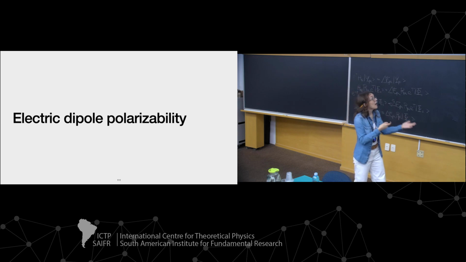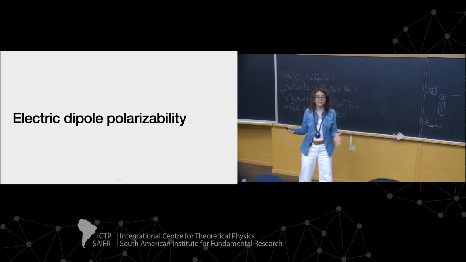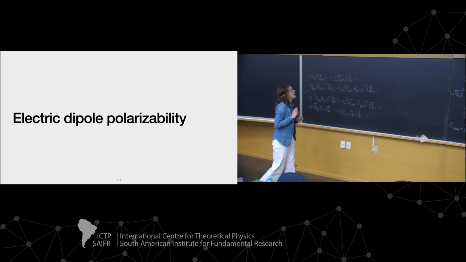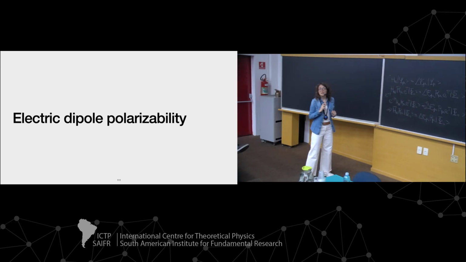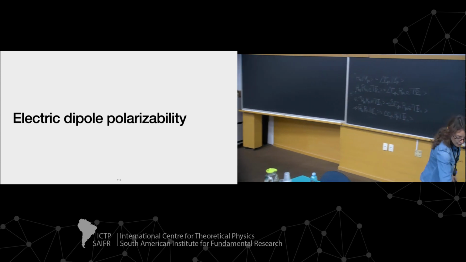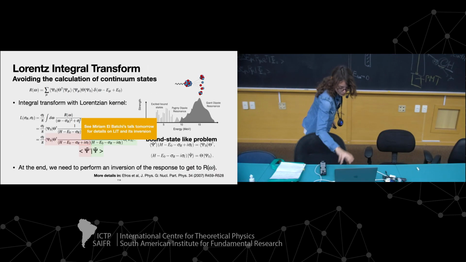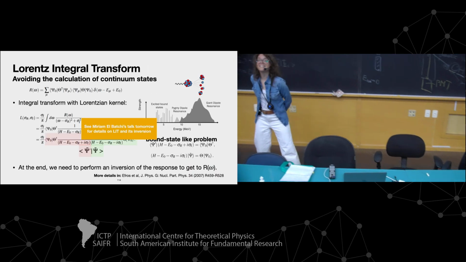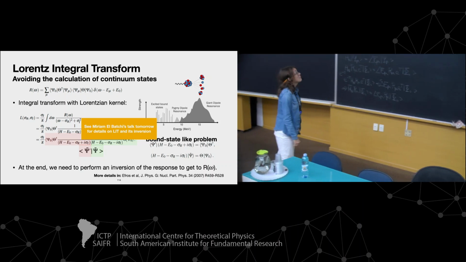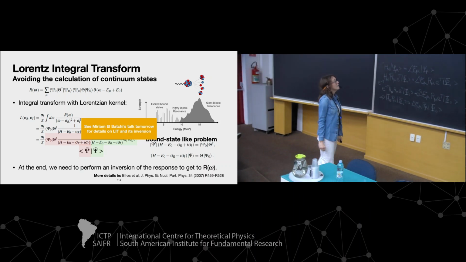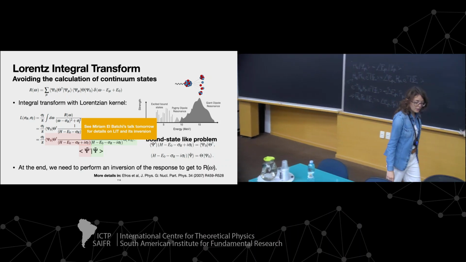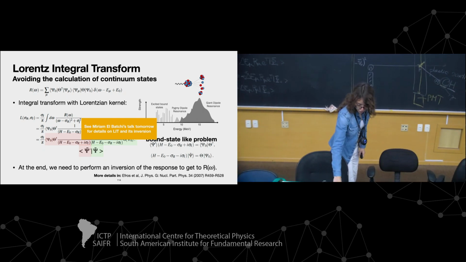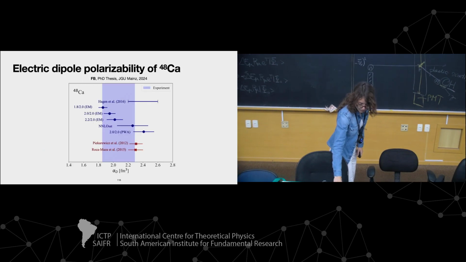And so we need a way to deal with it in our many-body method. Actually, I will not say much about that, and I will refer you to the talk by Miriam tomorrow that will explain what we do to deal with the continuum.